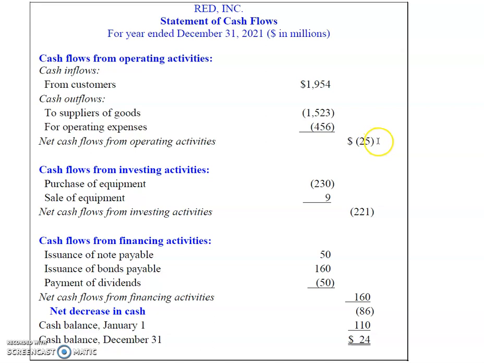We saw operating cash flows, net outflows of 25 million for investing activities, net cash outflows for 221 million, and for financing activities, net cash inflows of 160 million for a net decrease in cash of 86 million.